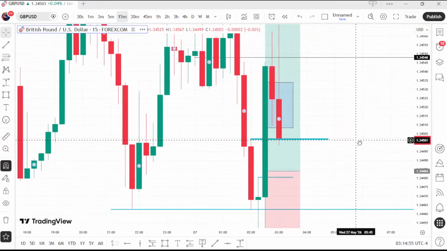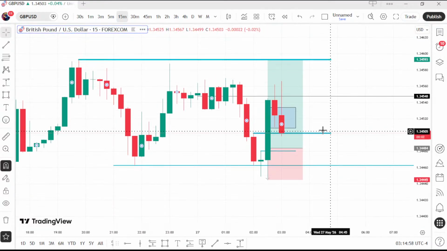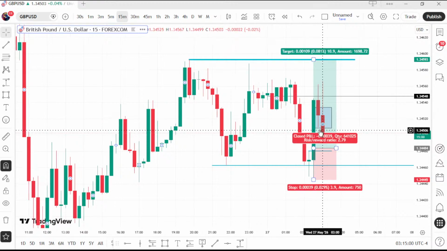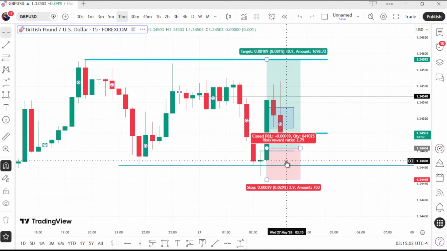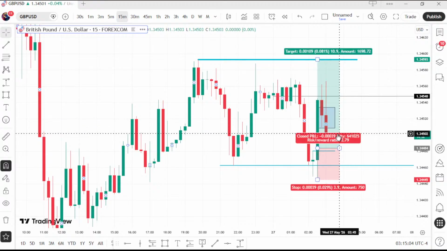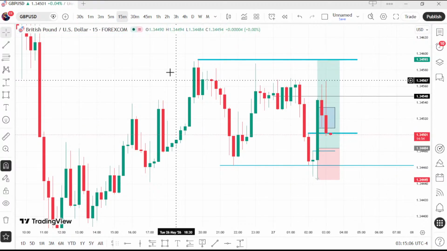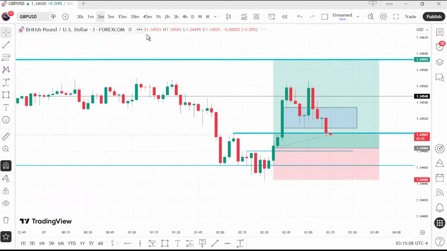Now it's inside that fair value gap in the 15 minute. And it's another 15 minutes. No. Oh, we were wrong. We are wrong.